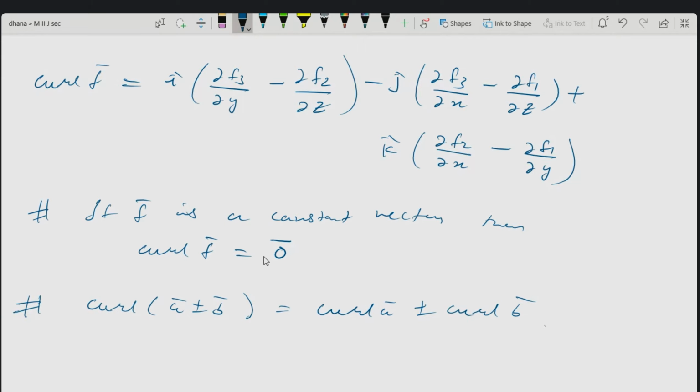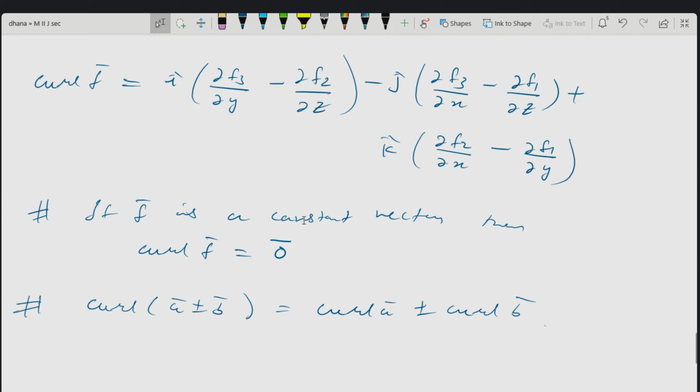Curl definition: del cross on a vector f bar. All three are different things: gradient of scalar, divergence of vector, curl of a vector. Divergence of a vector means del dot f bar. Curl of f bar means del cross f bar. Gradient of f means just del f, because f is a scalar function.